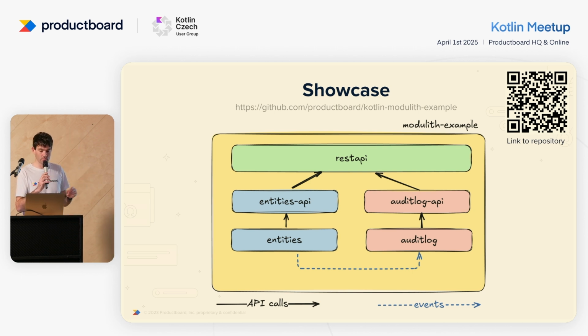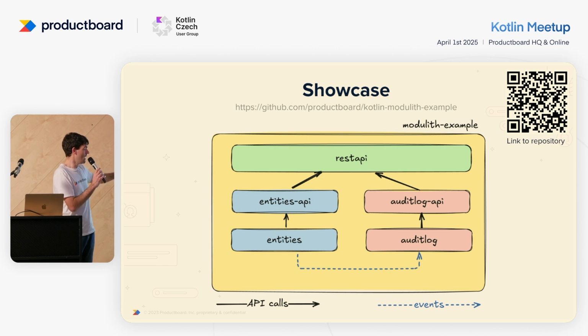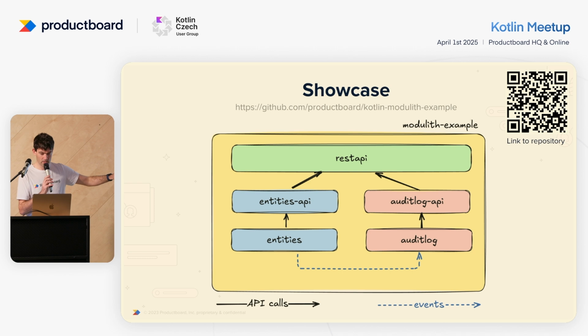So I'll try to switch to that code, and basically you will see that for the main flow we are using method calls and beans from other contexts, and for side effects, because audit log can be considered as a side effect, we are using that event thing. And yeah, that's probably what I wanted to say.